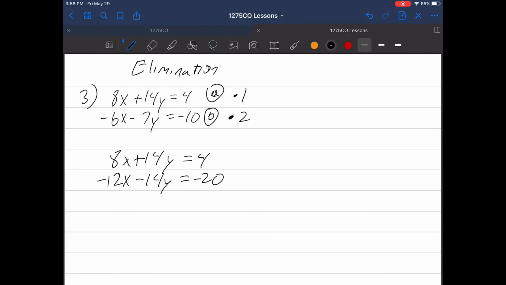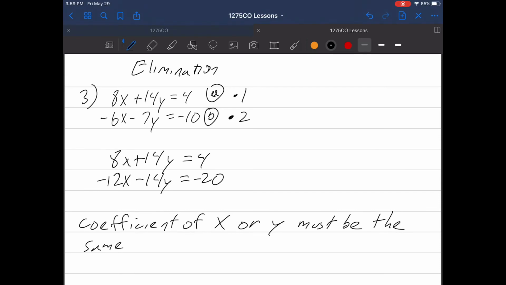We're looking for the coefficient of x or y must be the same number with different signs, essentially opposite signs.